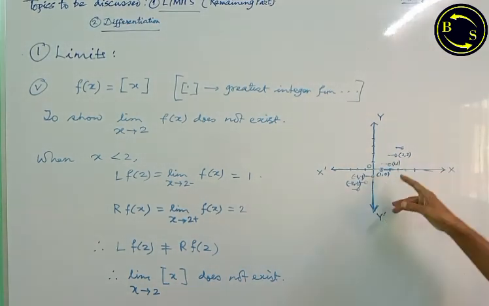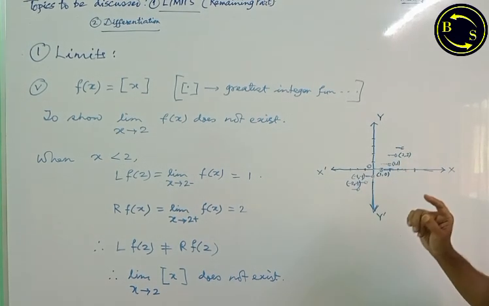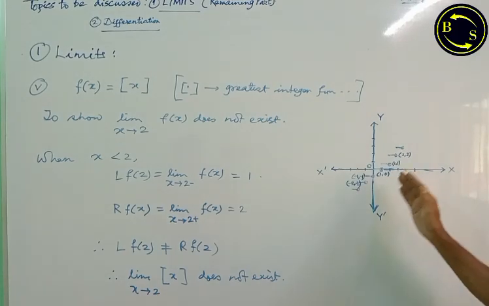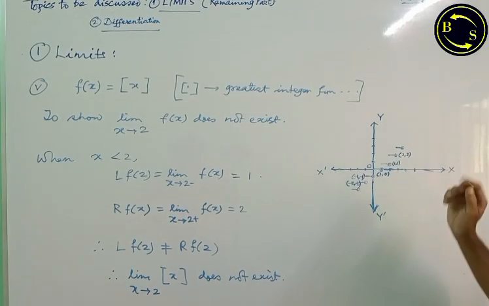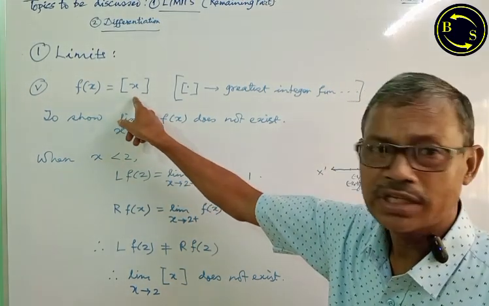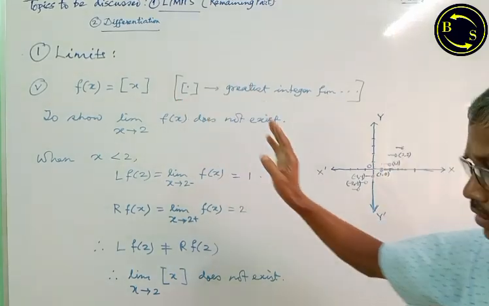Now we see, if we consider all this, then these look like steps. That is why we call this function f(x) equal to box x, also called box function, as step function.